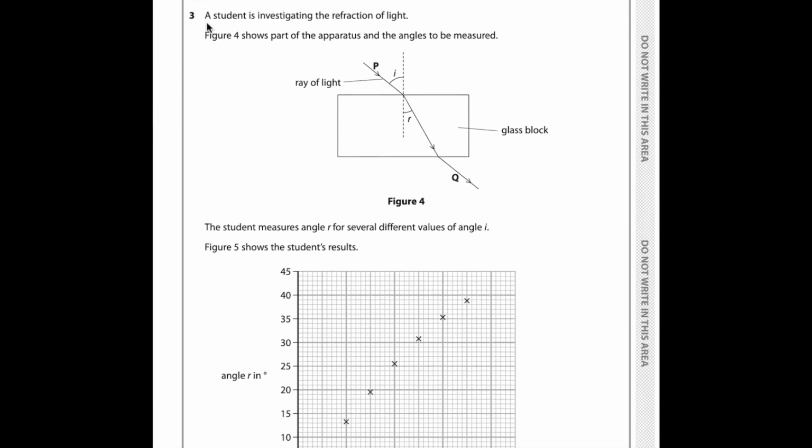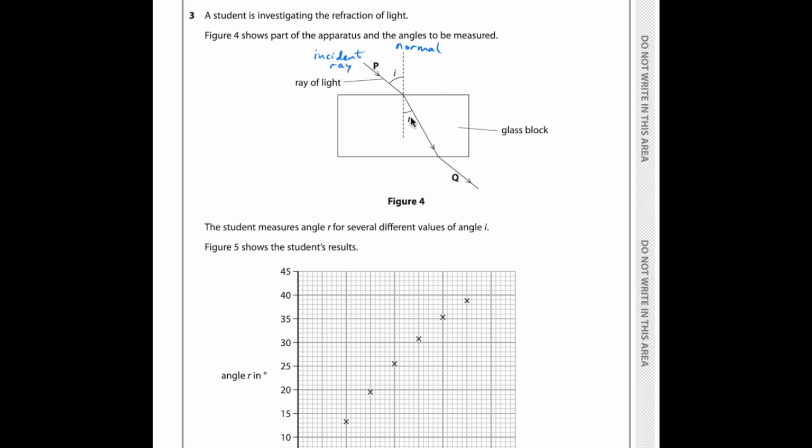Question 3. A student is investigating the refraction of light. Figure 4 shows part of the apparatus and the angles to be measured. So the light comes in here. We've got the angle of incidence in between the normal and the incident ray.